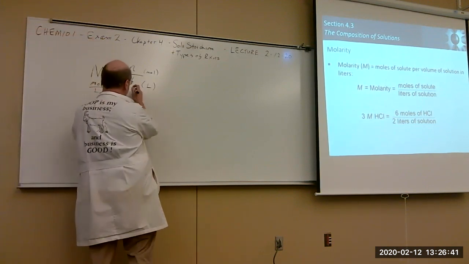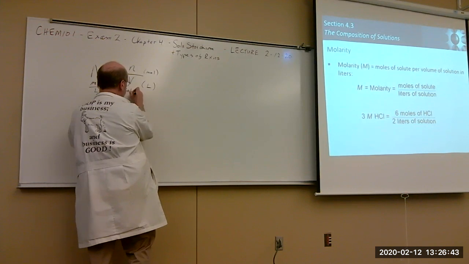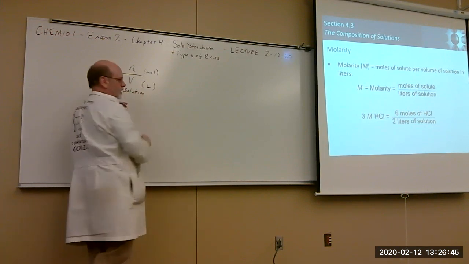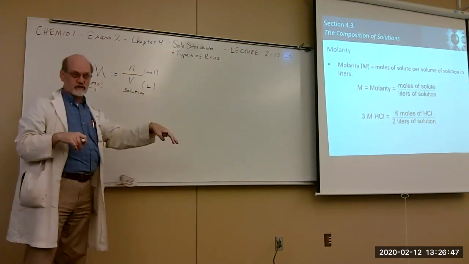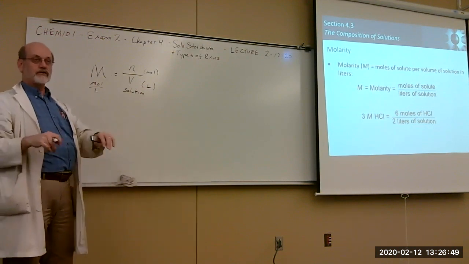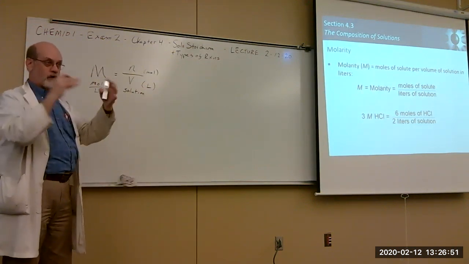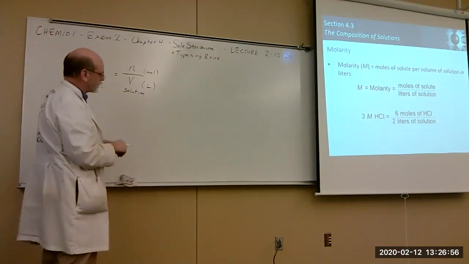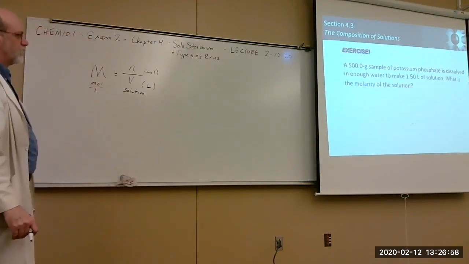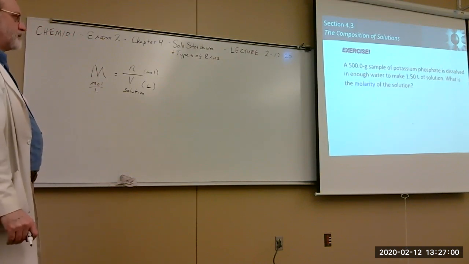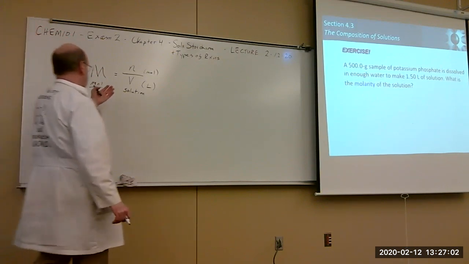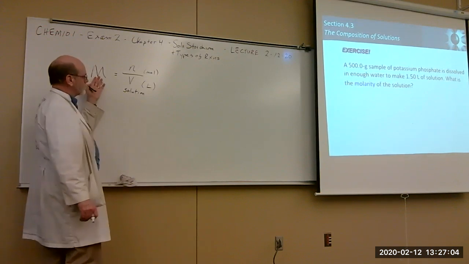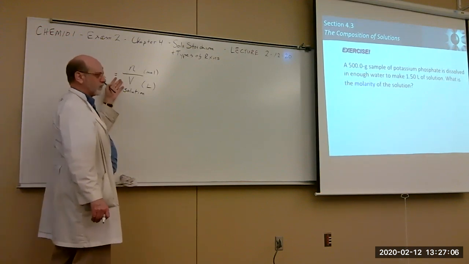And by the way, this volume is of the total solution, not just the water that you put it into. It's the solution after you've dissolved the solute in it.